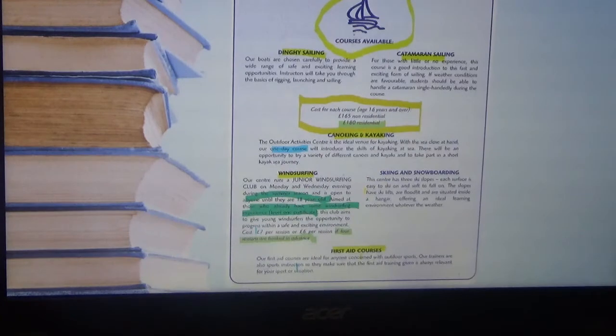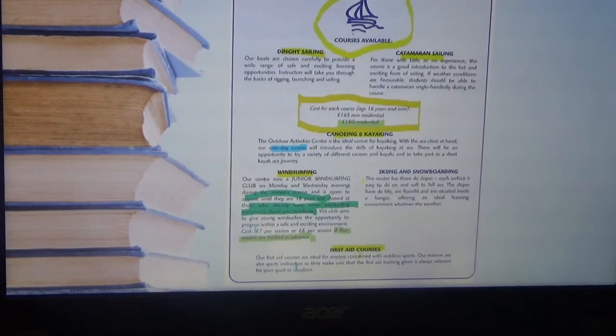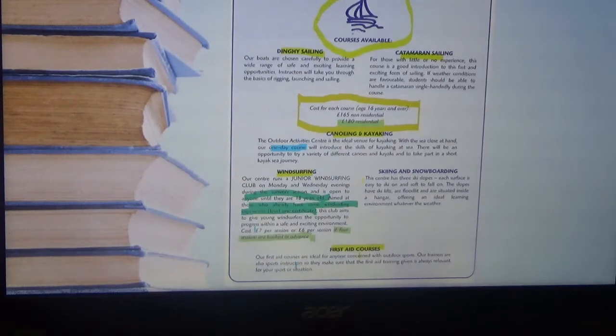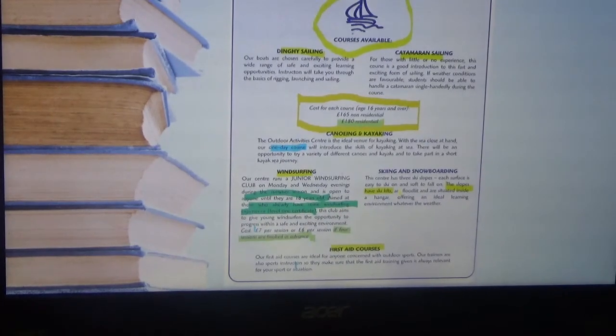Okay, so we have to read on. This center has three ski slopes. Its surface is easy to ski on and soft to fall on. Okay, the slopes have ski lifts. Okay, I think we got it. The slopes have ski lifts, are floodlit, and are situated inside a hangar.